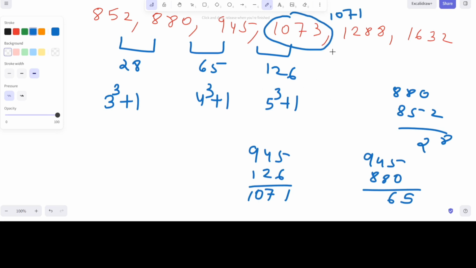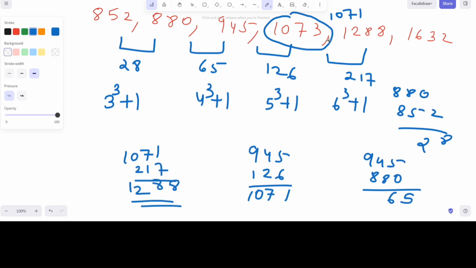Now in the similar way, this difference should be 6 cube plus 1, right? That is equal to 217. That is 1071 plus 217, 1288.